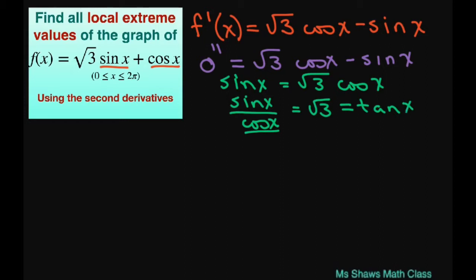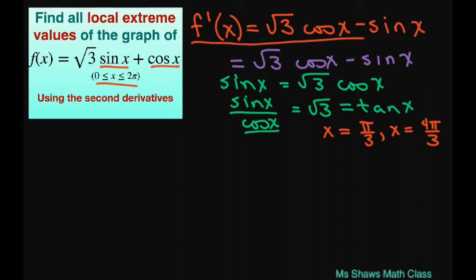So between 0 and pi divided by 2, we have x equals pi divided by 3, and x equals 4 pi divided by 3.